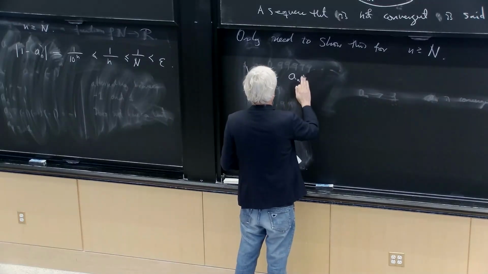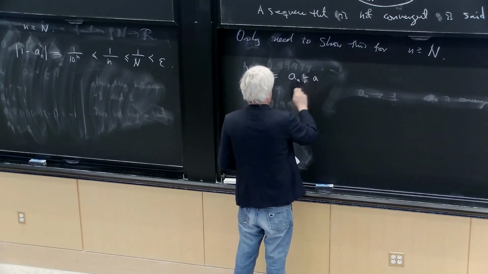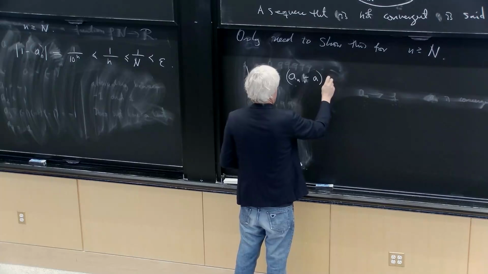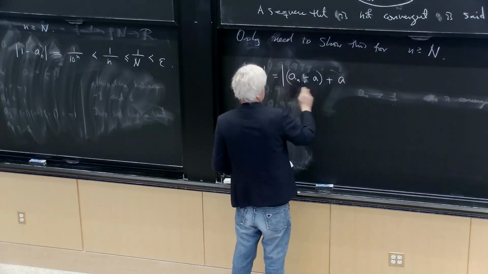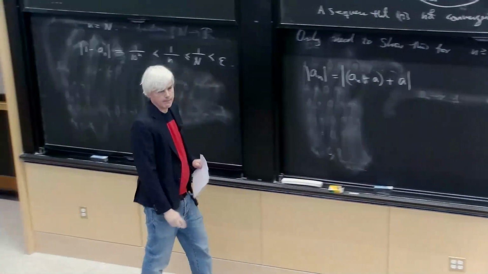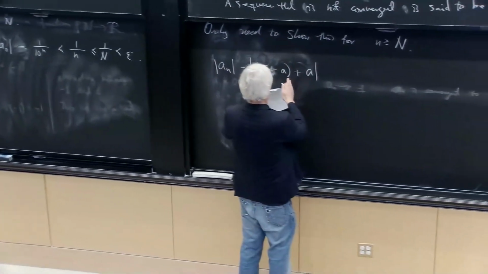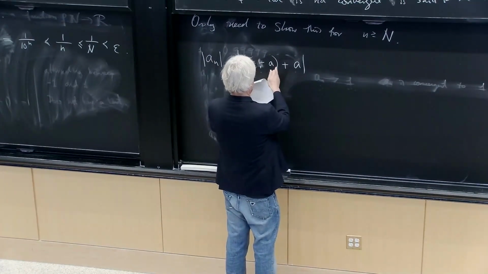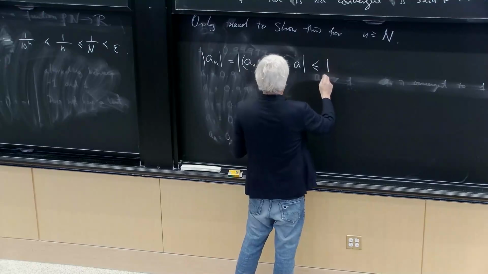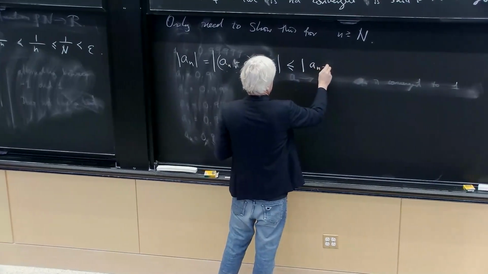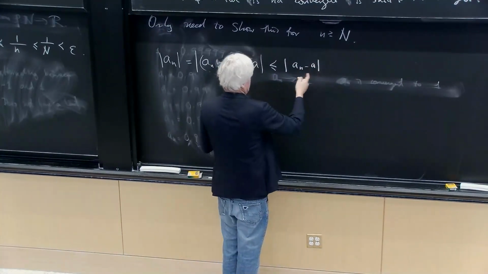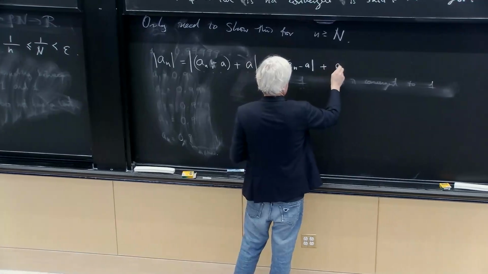I can write a_n as a_n minus A plus A, right? And then I have the sum of two things. The absolute value is less than the sum of the absolute values.